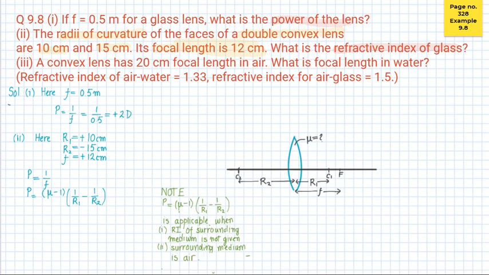Fine. Note, if they have given the refractive index of the surrounding medium, in that case you cannot use this formula. You have to use this formula: first find out the focal length and then calculate the power. Okay, this type of problem we'll see in part 3. Fine, for now just remember this formula is applicable when they have not given anything about the surrounding medium and if the surrounding medium is air. Okay, so I'll just keep this inside a box.